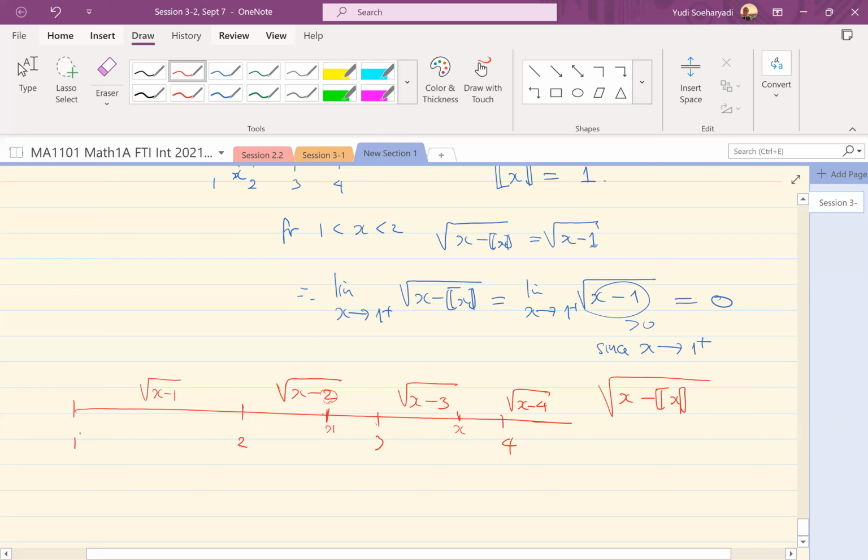When you approach 1, you just cannot avoid using this one, and we just use the last one. You don't need this one, this one, or this one, because eventually you pass 2 anyway.